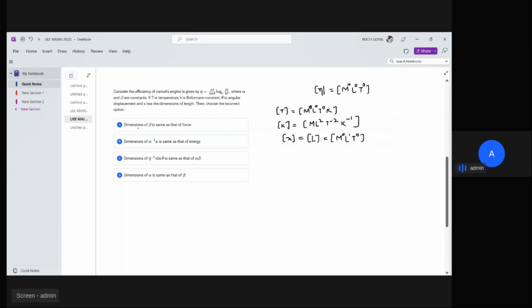Option A says the dimensions of beta are the same as that of force. So the dimensions of beta we can find, it will be kT by x.